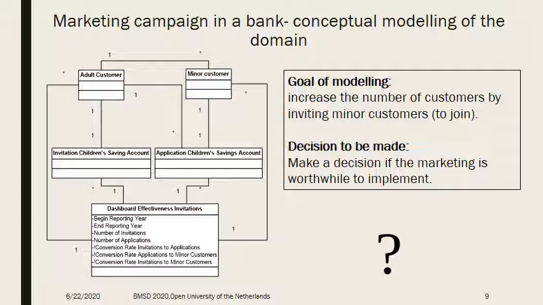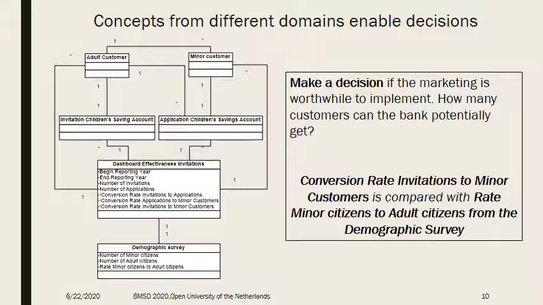So the concepts are adult customer, minor customer, invitation children's savings account, application children's savings account, and the indicators. One of these indicators is conversion rate, invitations to minor customers. We have to make a decision if the modeling is worthwhile to implement. How many customers can the bank potentially get?